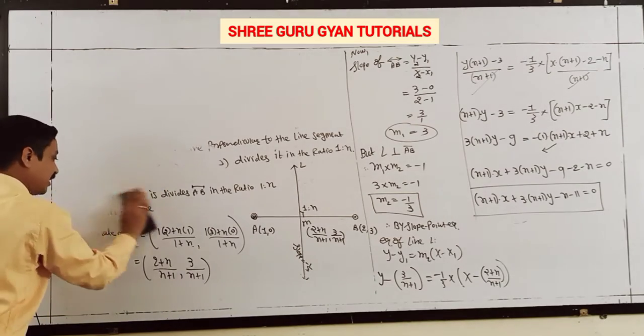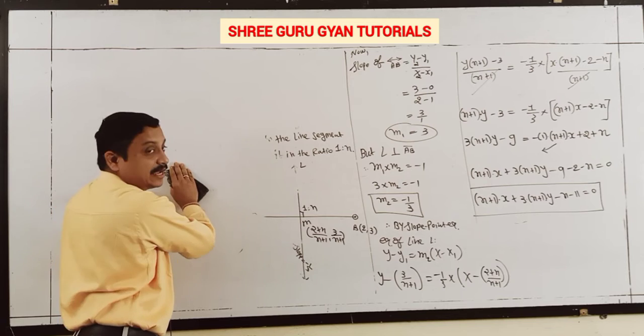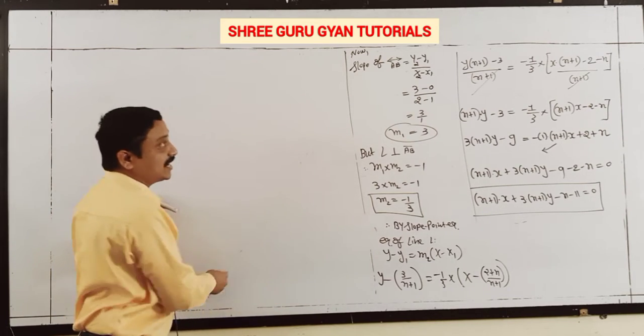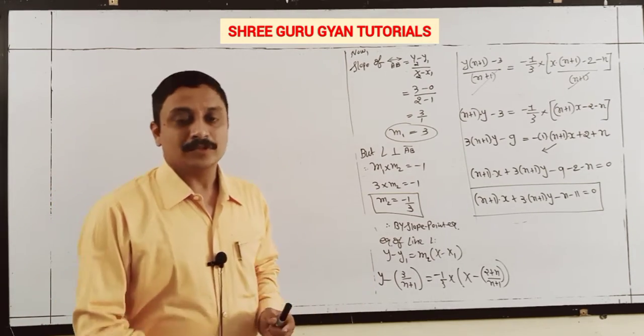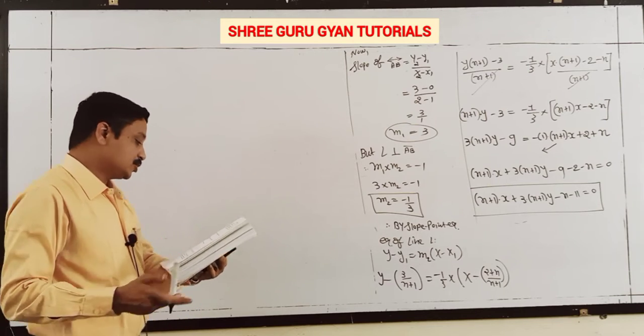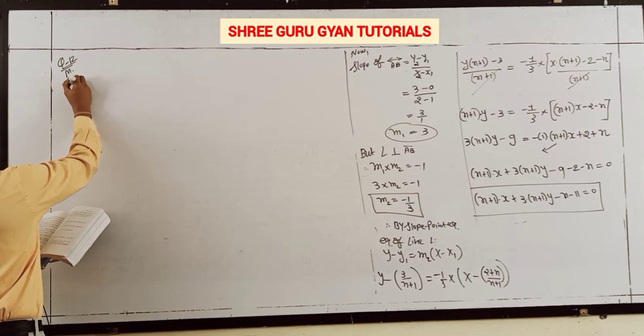Find the equation of a line having equal intercepts and passing through a given point. That is how I explain our question number 12. Students, I continue with question number 12. This is also very important.